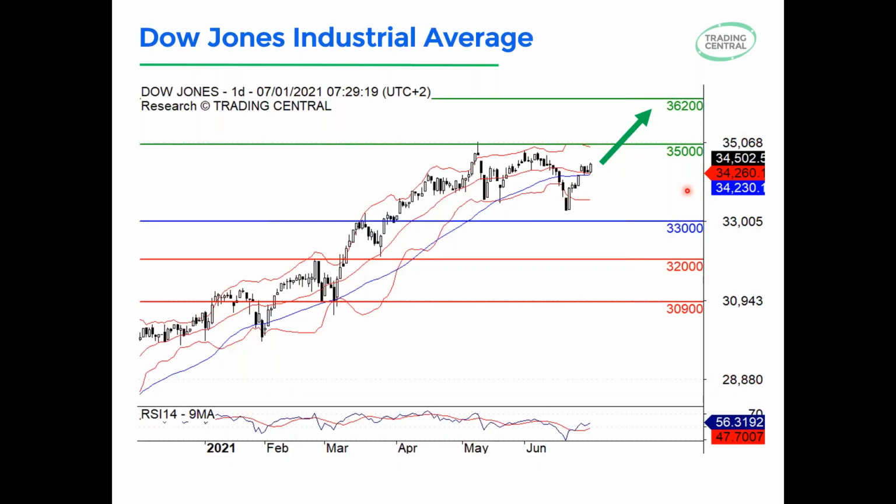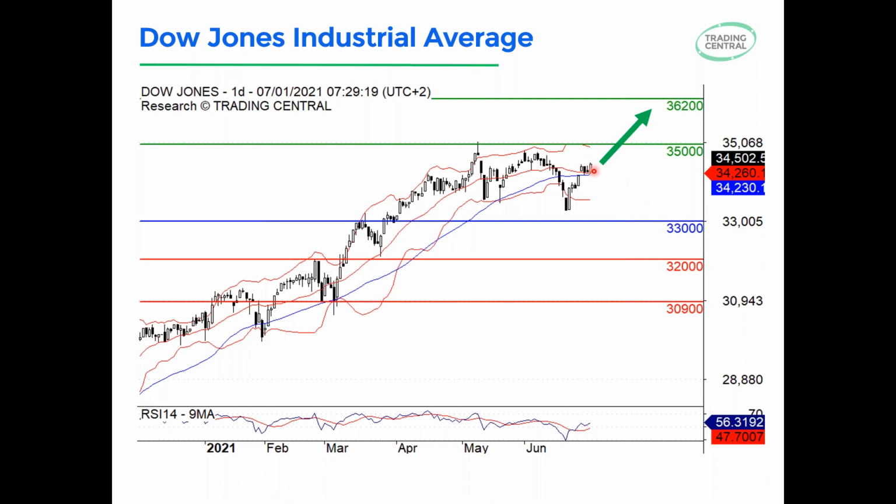Let's start with the index. Now, the US index, you can see I have not moved the support: 33,000 for the Dow Jones Industrial Average. That means the consolidation in June has not breached the key support, as we are still bullish on blue chip US stocks.